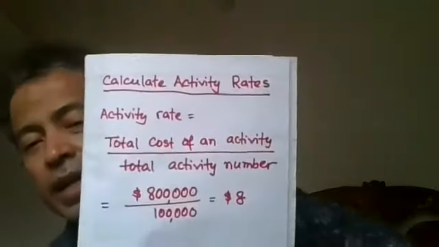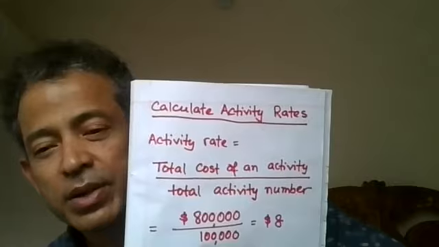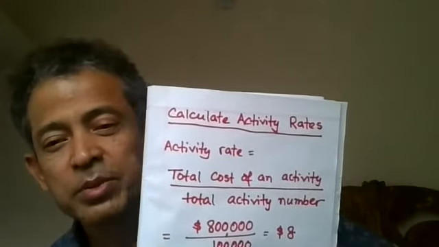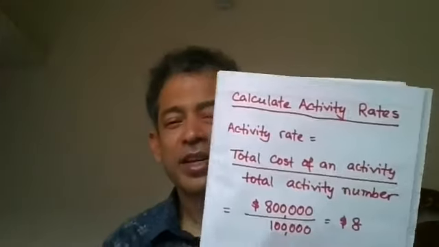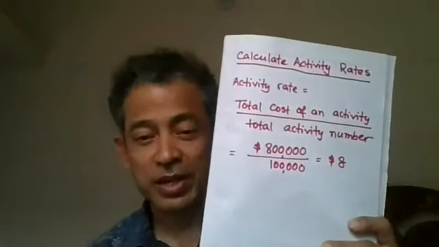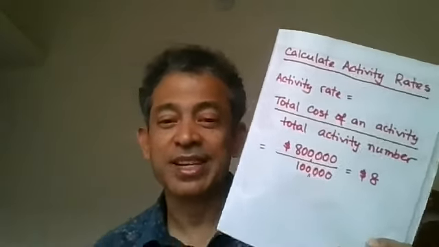So that's what we do here. Garrison calls it activity rate. I call it UAC, unit activity cost. So the initial one was activity cost, and dividing by the number of units gives you unit activity cost. All right. So the calculation of activity rate is total activity cost divided by the extent of that particular activity, how often, how many occasions, how frequent that activity is.